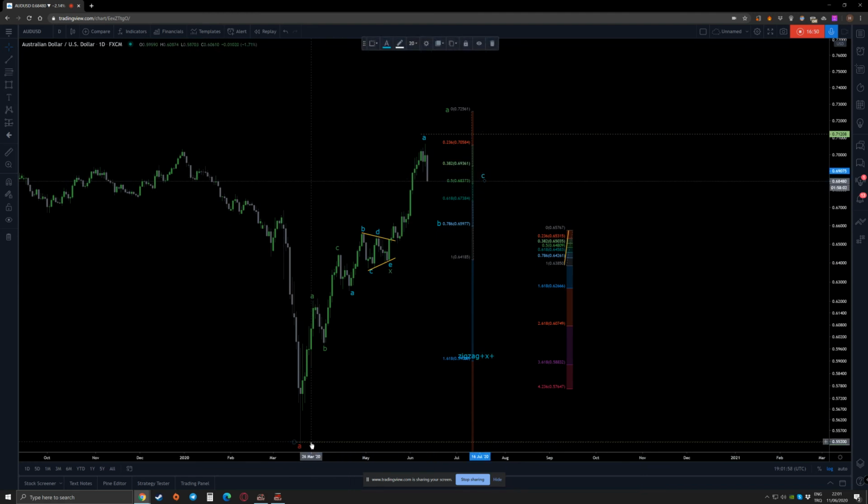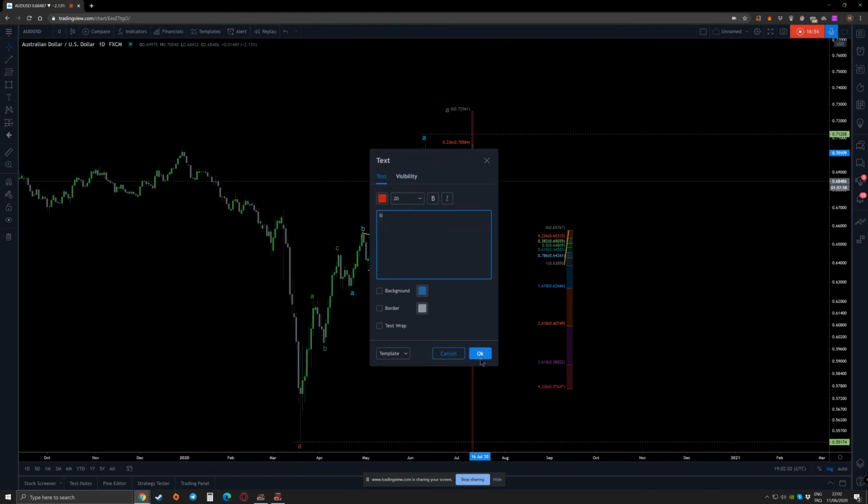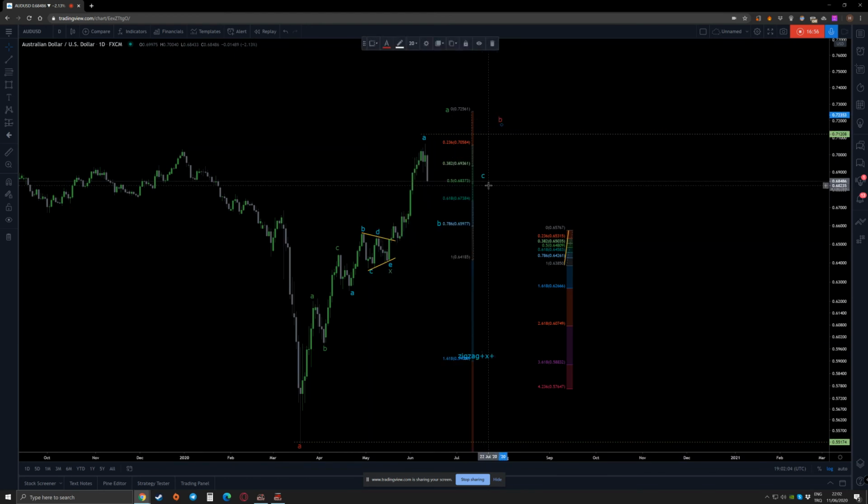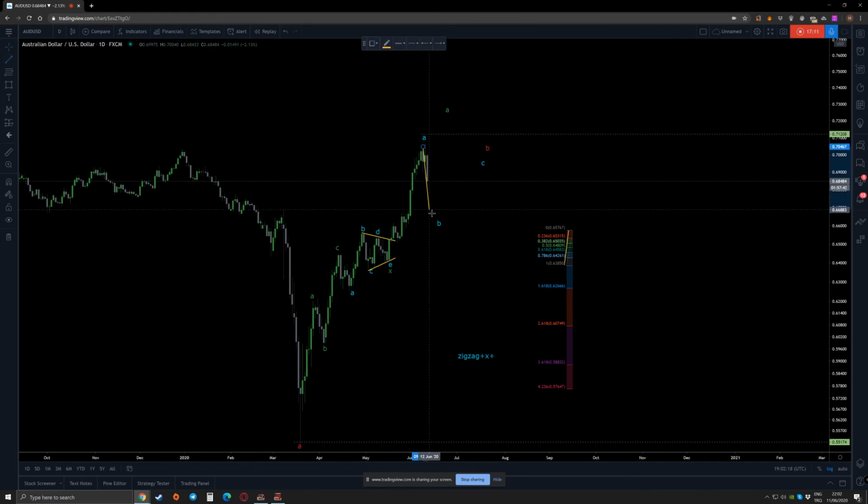Well, in that case, it means that our wave B will be done here. Or actually, the flat doesn't have to be a failure. It can go and make a new high too. But let's just say like this. It happened like this. So we have a B to the C here.